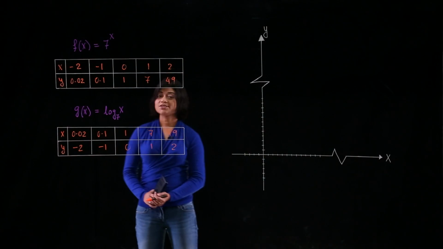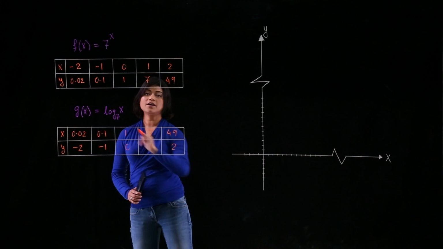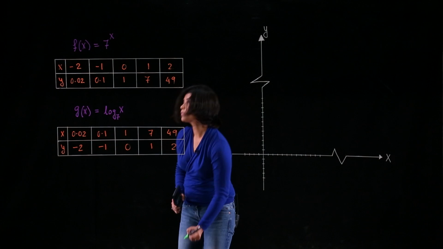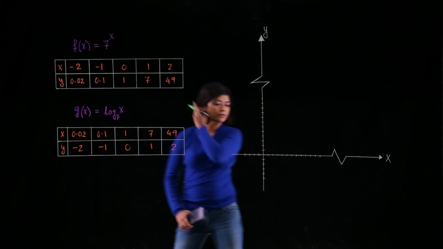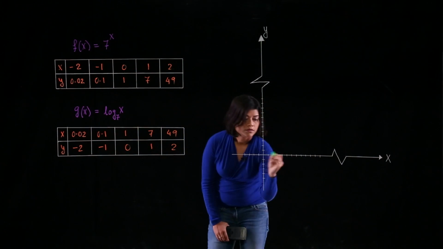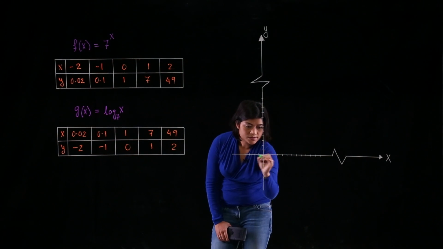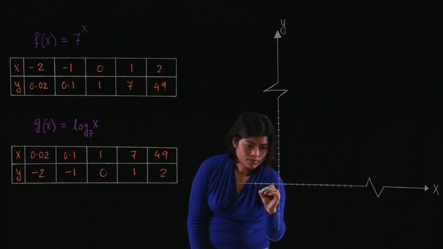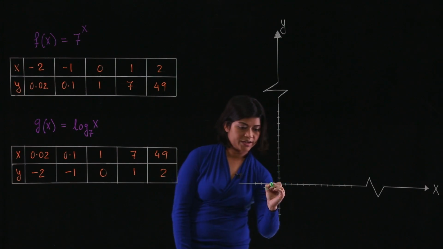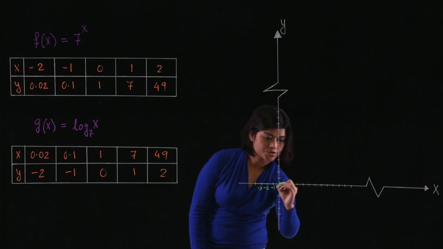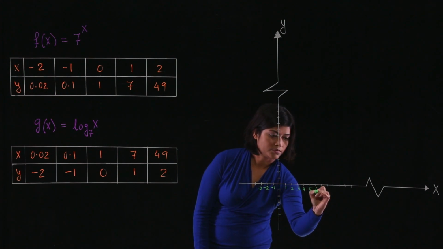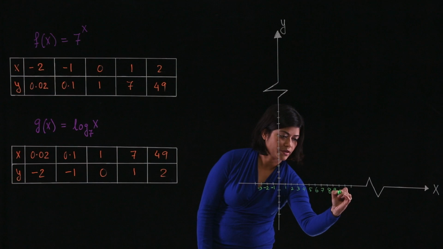Okay, so let's start by graphing the function f. Let's mark this -1, -2, -3, and so on. Here we have 1, 2, 3, 6, 7, 10.